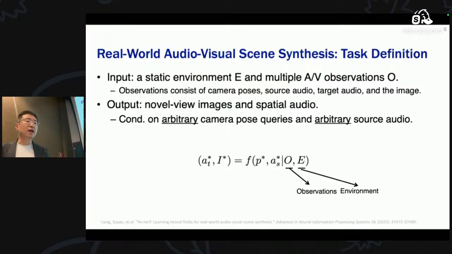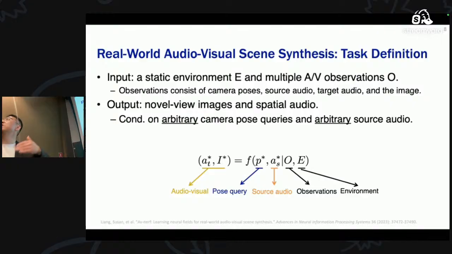And the output: given this observed environment, now we have any given pose queries and the source audio, so you can change the audio to a different song or different sound source, but still inside this environment. And we want to generate the corresponding audiovisual experiences.